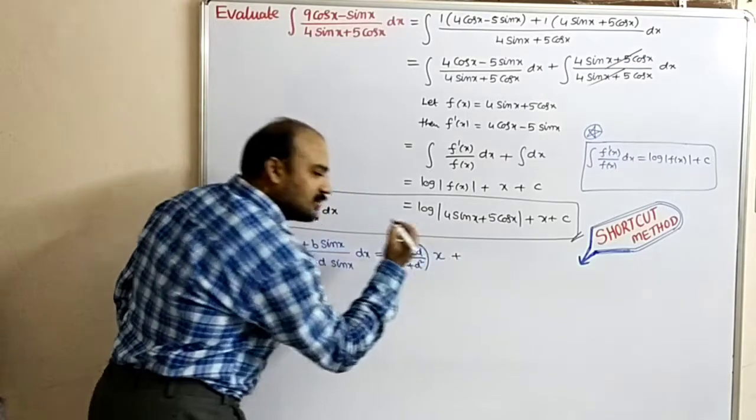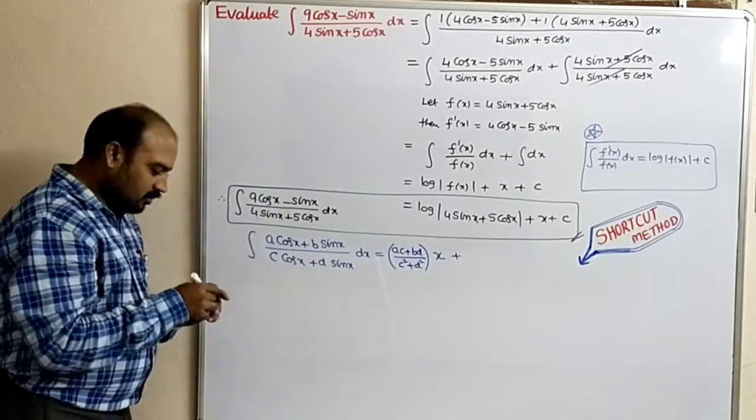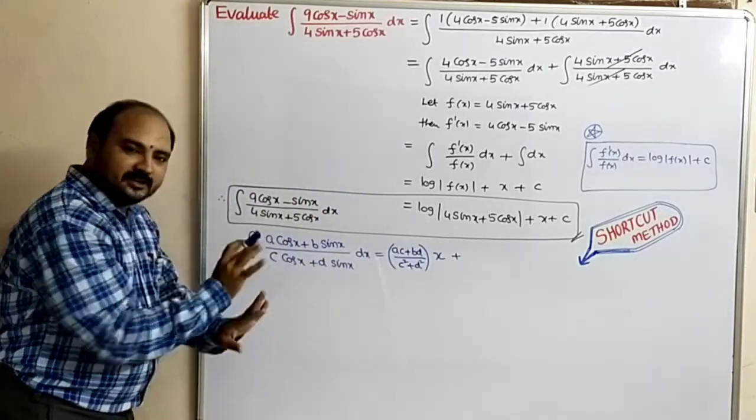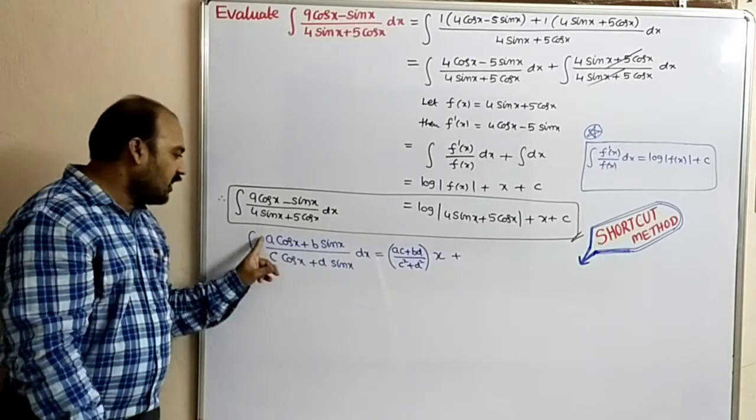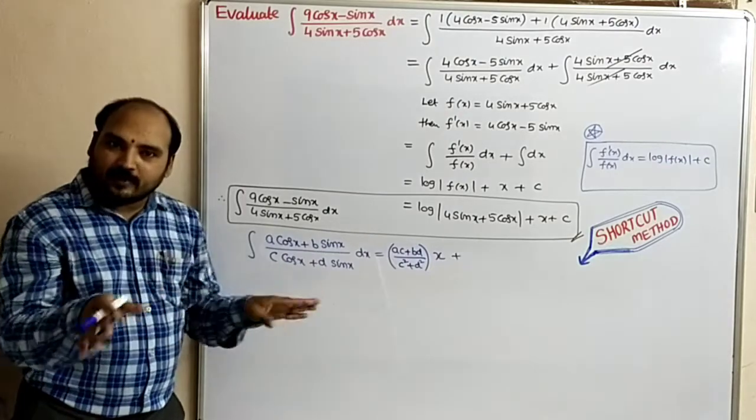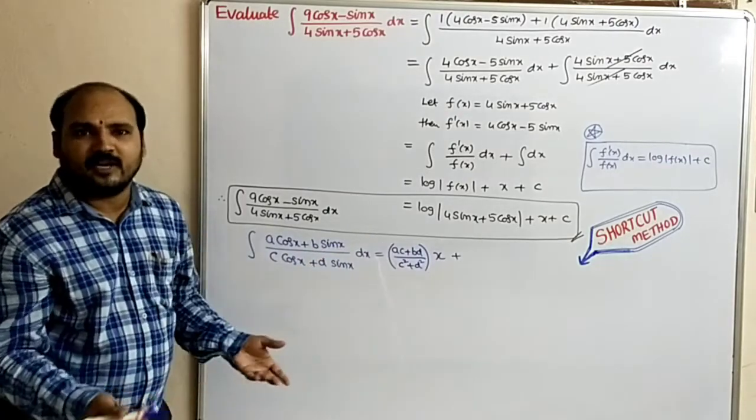So plus, after that what you have to do? Suppose cos x sin x is not there, a, b, c, d is there. It looks like a 2 by 2 matrix. What is the determinant of the 2 by 2 matrix a, b, c, d? ad minus bc only, no?